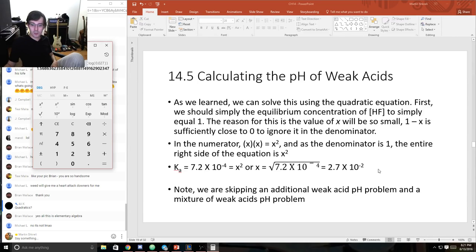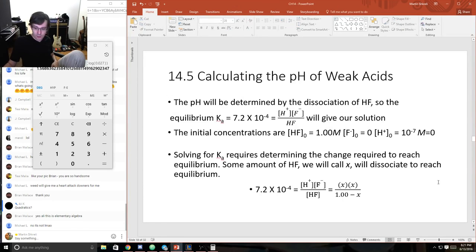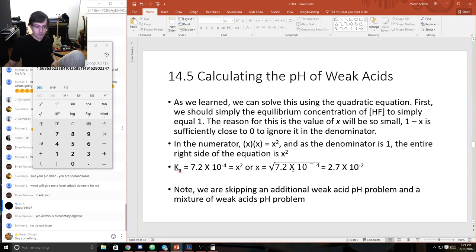So pH is 1.56. So this is the Ka, which we can convert into pH very easily, and you should be able to do this quite easily. So x, of course, is going to be the amount of hydrogen ions, as well as the amount of fluoride. So pretty simple.